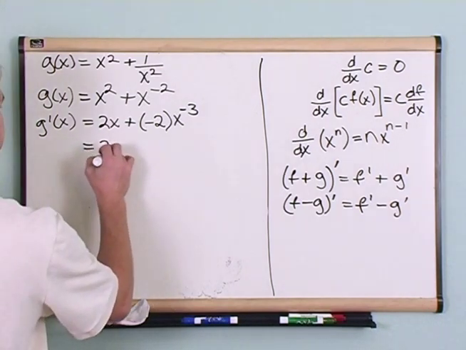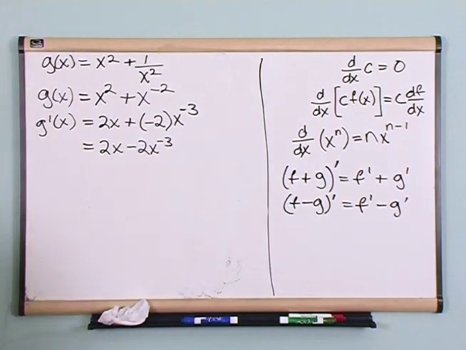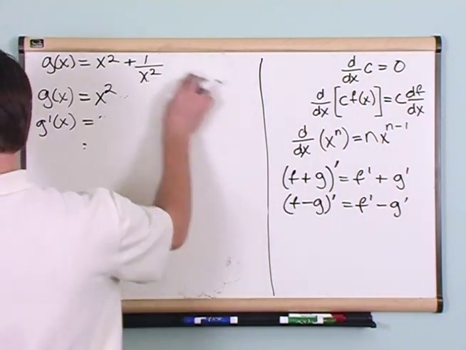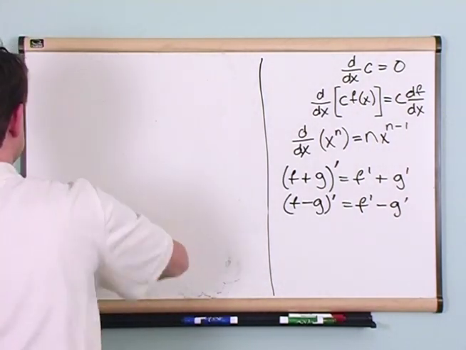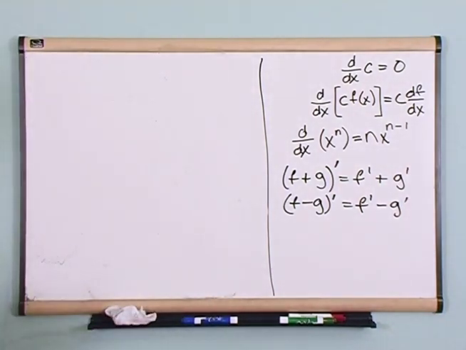So in the end, I'll have 2x minus 2x to the negative 3. And that will be my derivative. Okay? Good. Now let me go ahead and teach you some more properties, because these properties are crucial to really being able to take derivatives.